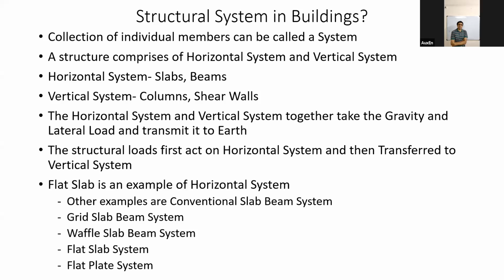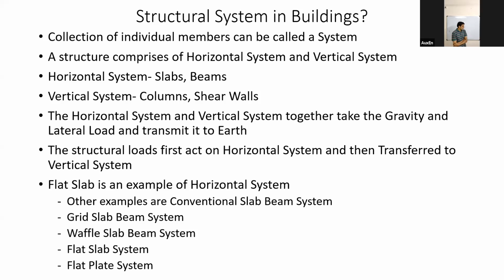For the vertical system, you have columns, shear walls, brick walls, and load-bearing walls. All these are parts of your vertical system. Any structure that has to transfer its load will transfer it from the horizontal system to the vertical system and to the substructure or foundation system.